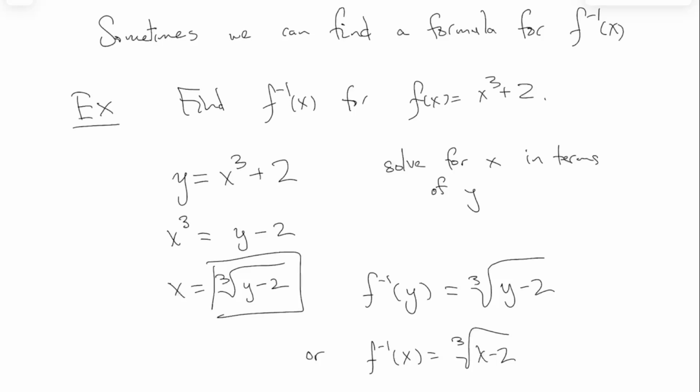To me, I kind of prefer writing the inverse the first way. I like that a little bit better, because to me the variable that you use in the inverse means something different from the original variable, at least in most real-world settings.